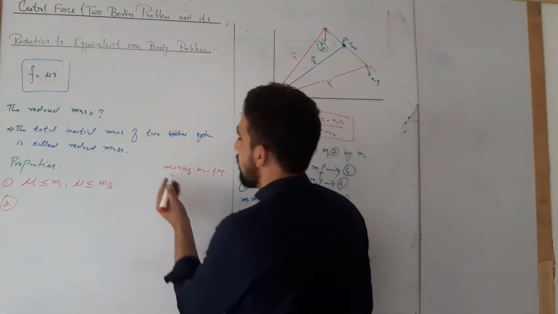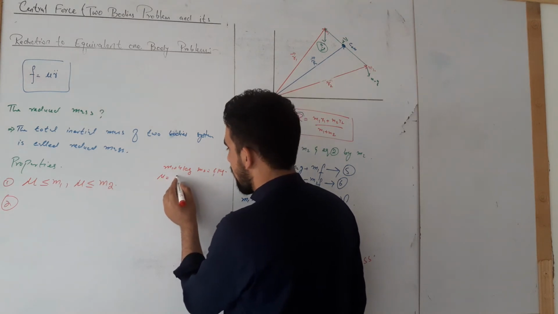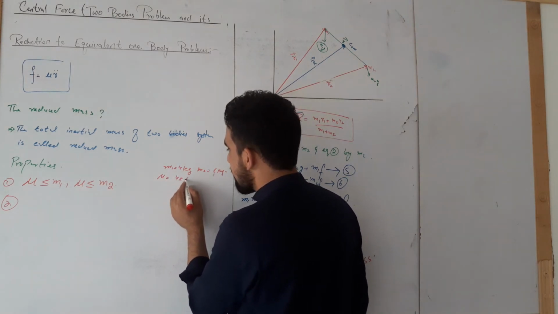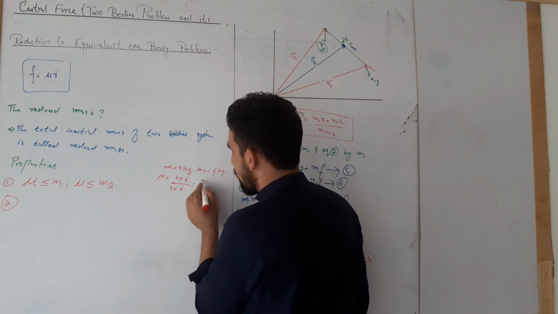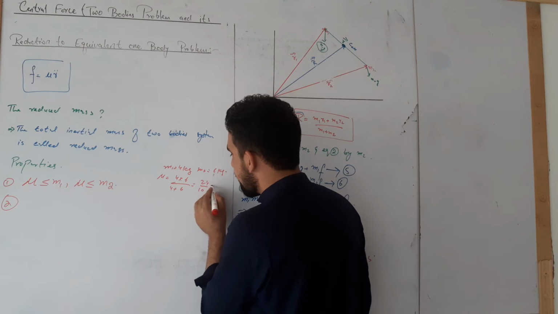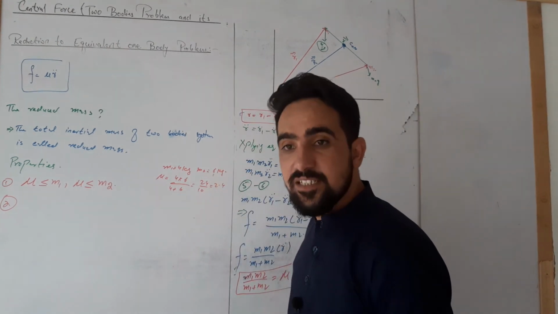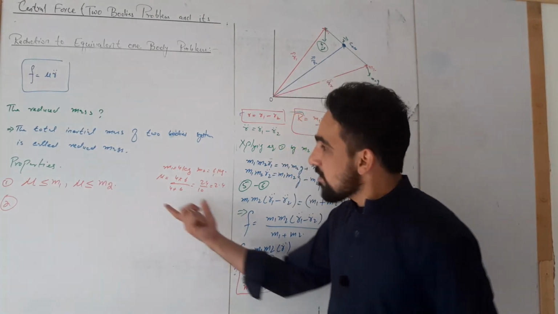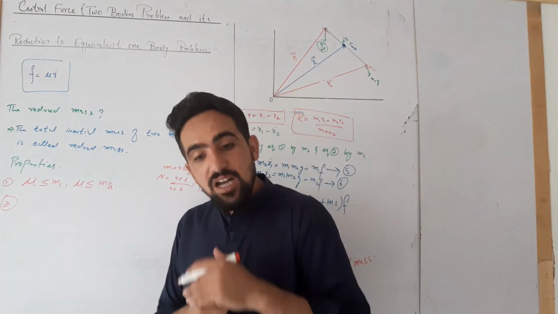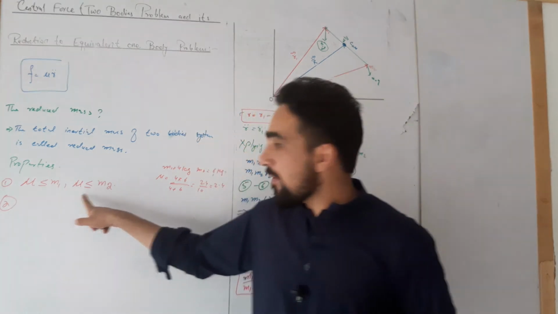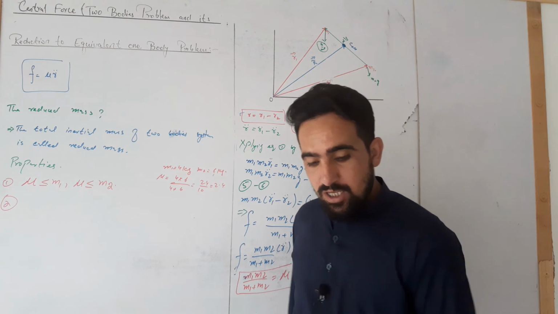So mu is equal to 4 times 6 divided by 4 plus 6, 24 divided by 10 is 2.4, which is less than m1 and which is less than m2. Okay, so we have one property that reduced mass is always less than m1 and also always less than m2.